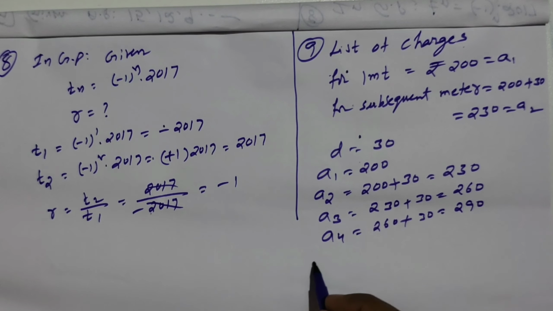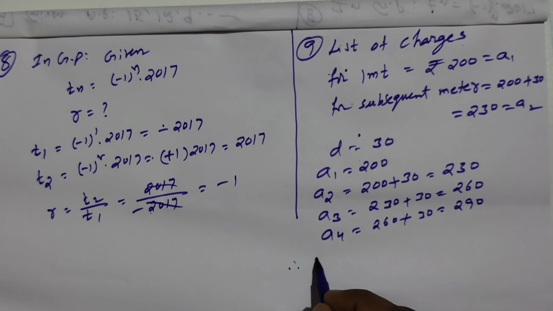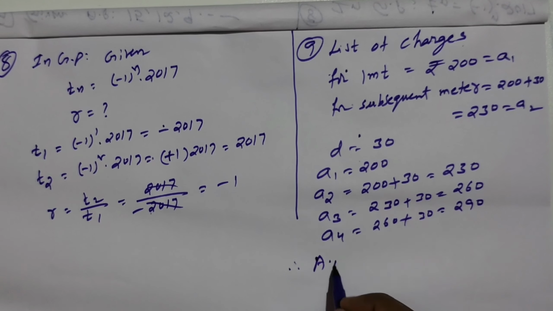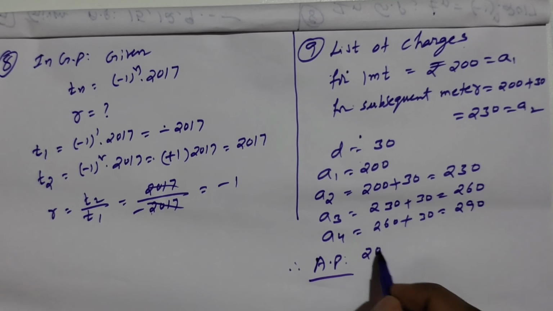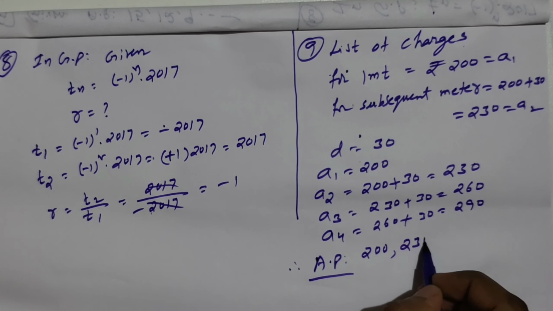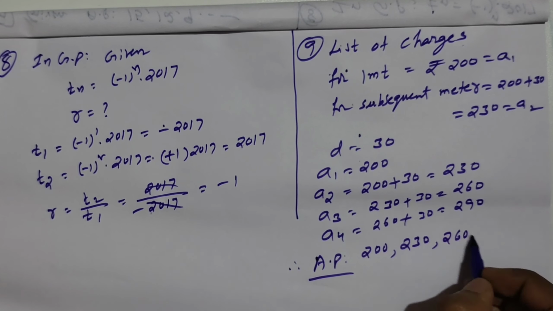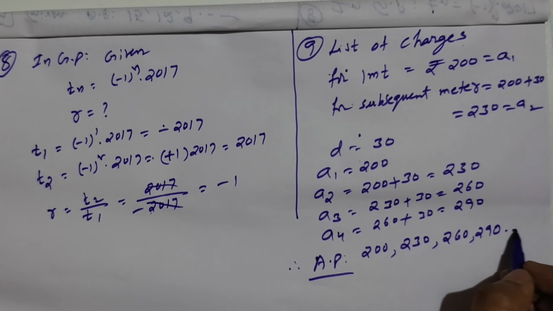So up to so on we have to write this progression. Therefore the arithmetic progression is 200, 230, 260, 290 and so on.